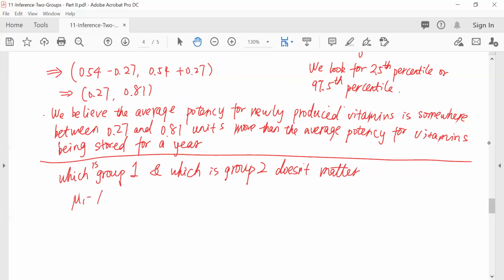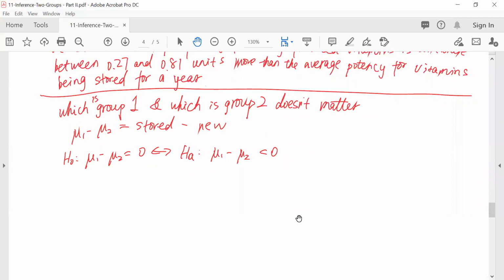If we use mu1 minus mu2 to denote the stored old vitamin minus the new vitamin, you could do the same hypothesis test. So it's just going to be like this. You see the only difference is you are using a less than 0 sign instead of a greater than 0 sign here. So you're going to calculate the test statistic. It's going to be the same, but just the opposite sign.